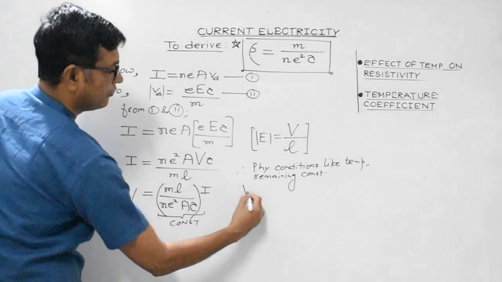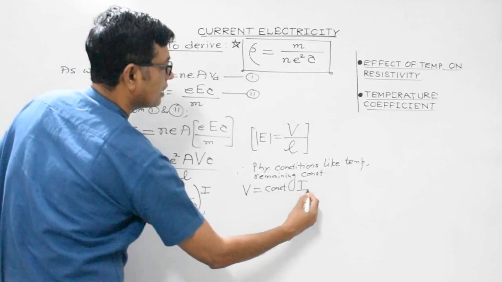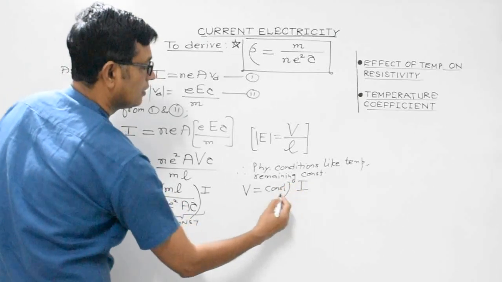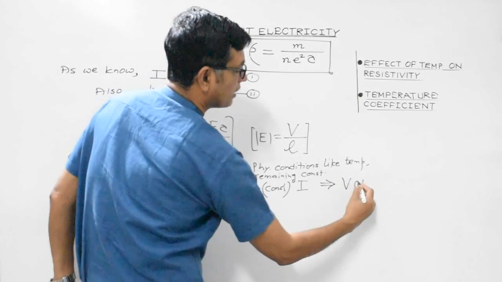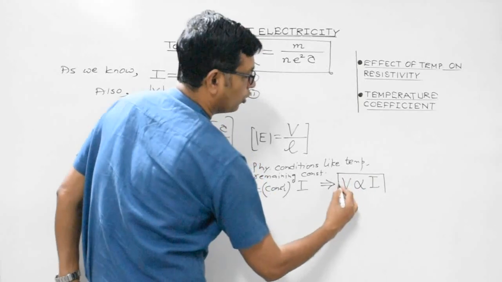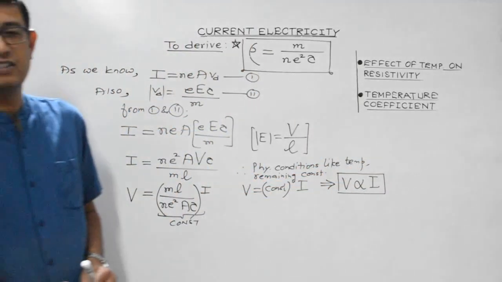So we can write V is equal to some constant multiplied by current, right? So we can write it as V is directly proportional to I. This is actually Ohm's law, which we have mathematically verified.